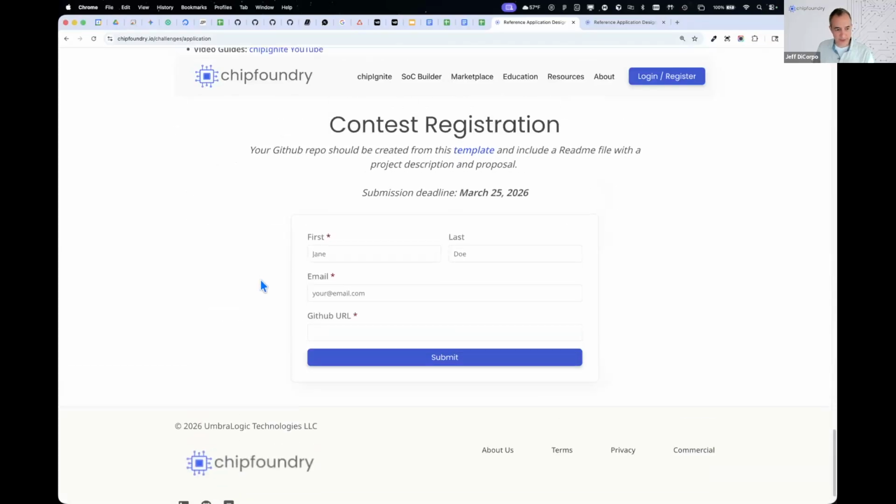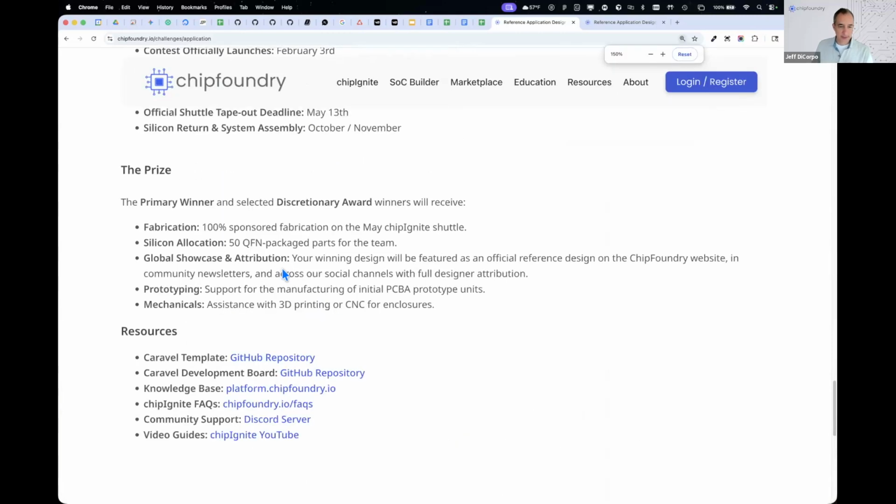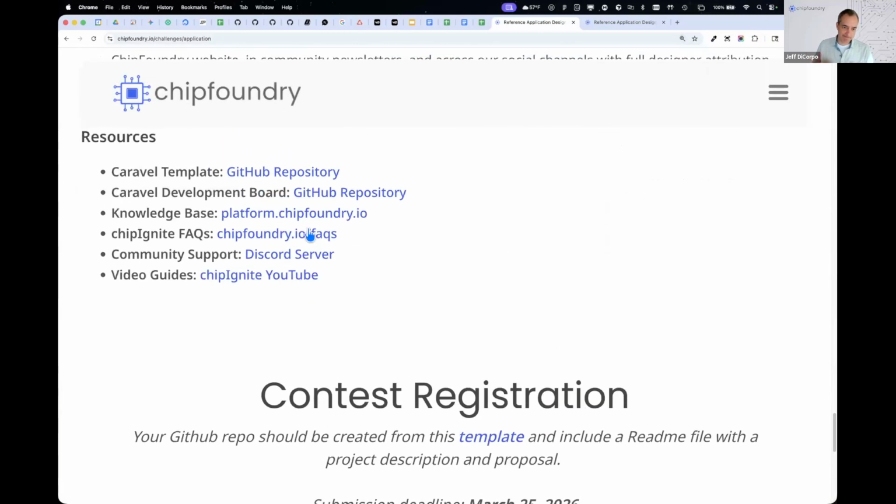That was really great. Just a note on the page that Mohammed was showing, at the very bottom there's a list of resources, including the Caravel template, and the second one on the list is the development board. This has all the design files. They're open source, all done in open source using KiCad.